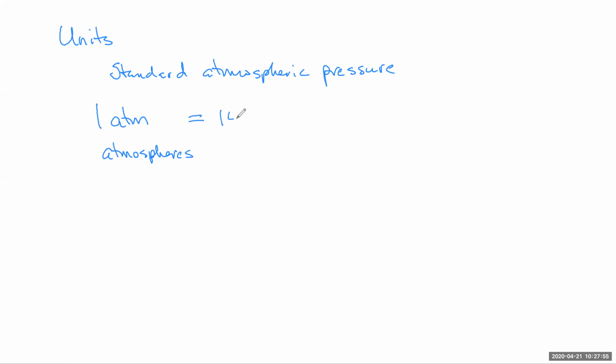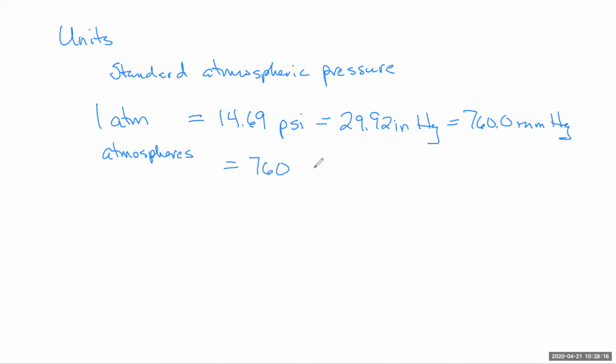In everyday life, you would see PSI, and that's equivalent to 14.69 PSI, which is also equivalent to 29.92 inches of mercury, which you might see in weather forecasts, which is also equal to exactly 760 millimeters of mercury, which would be the same as 760 torr.